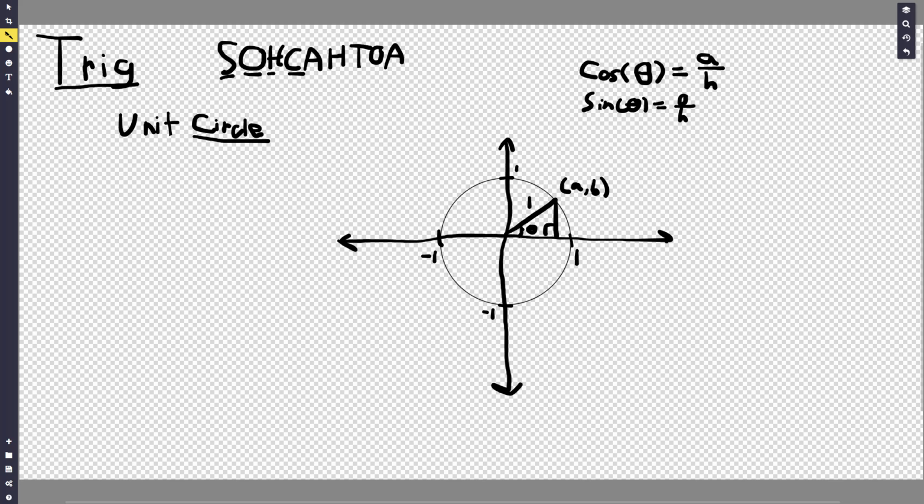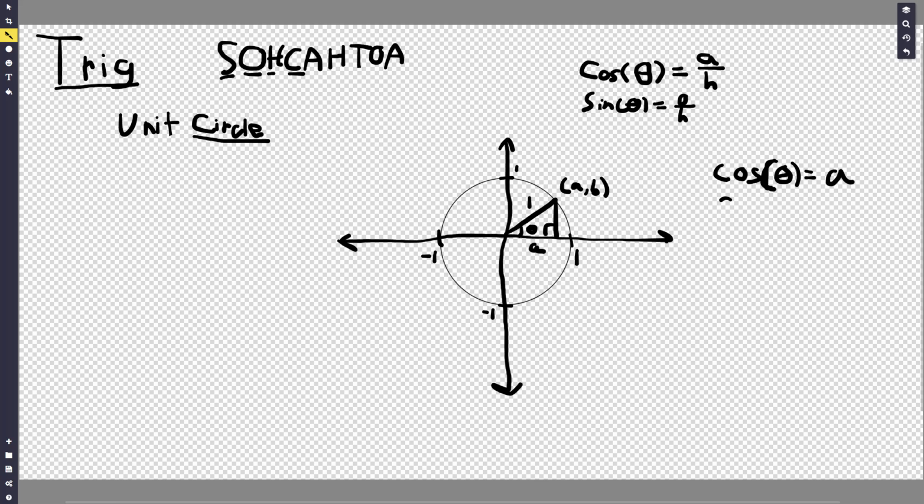So, how can we find the cosine of this angle right here? Well, we know the hypotenuse is 1, right? And what do we know about the adjacent? Well, if this point is AB, then we know that this length is A long. So the cosine of this angle is equal to A divided by hypotenuse, which is 1. Or, in other words, the cosine of this angle is equal to A, or the x-coordinate.